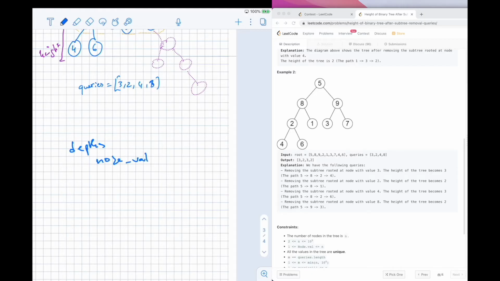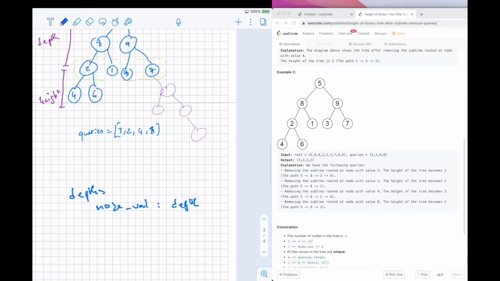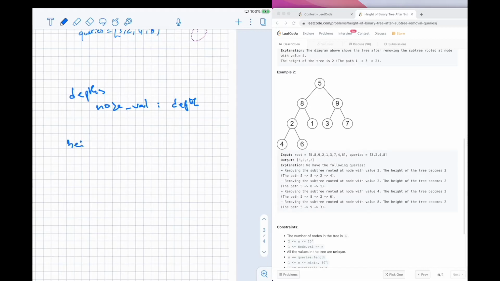So node value and then depth. And then we need the heights also, and that would be from the node value again to the height. So this would be the key, this would be the value.